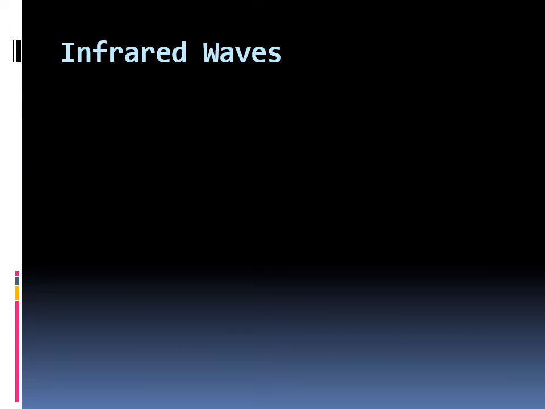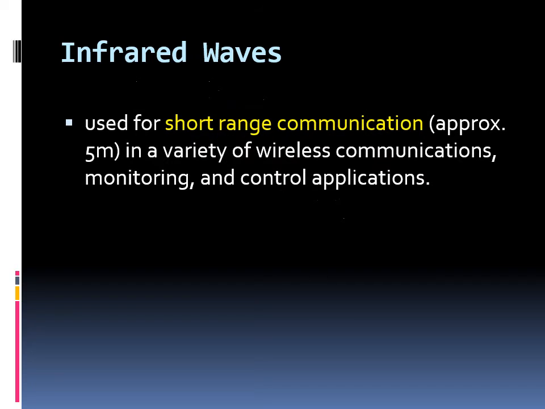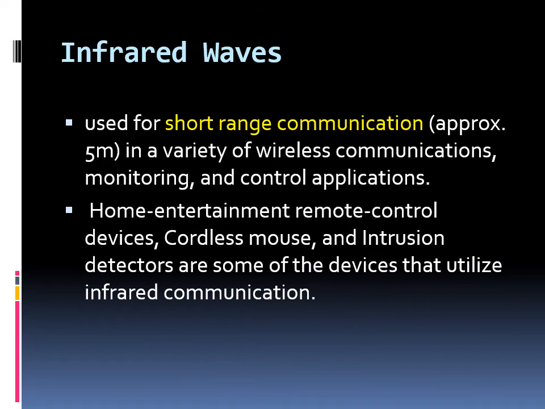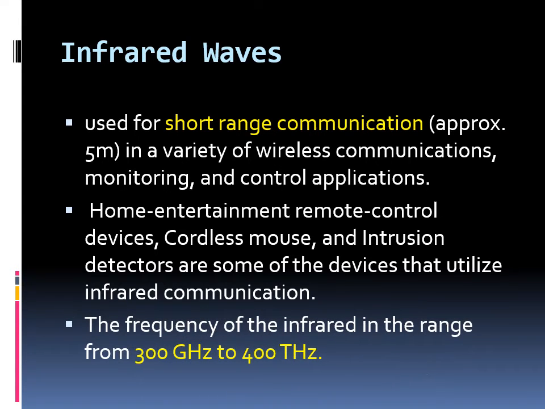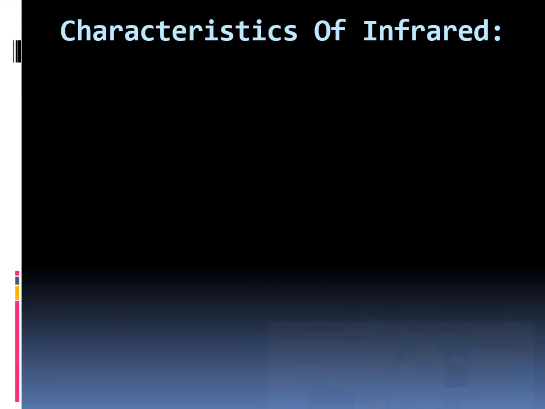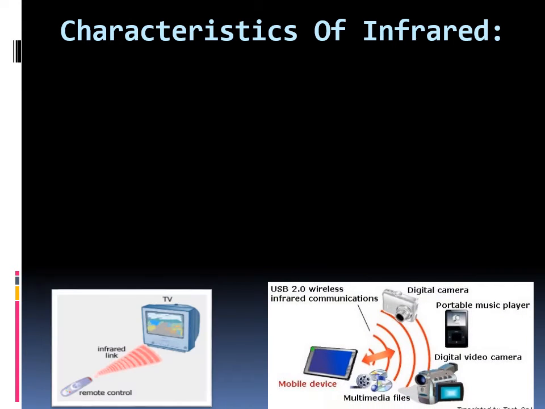Next, infrared. It is a very short range wireless communication, up to 5 meters, used for home entertainment, TV remotes, and wireless mouse, and its frequency is 300 GHz. It is used in TV remotes, cameras, music players, digital video cameras, multimedia files, and mobile devices.